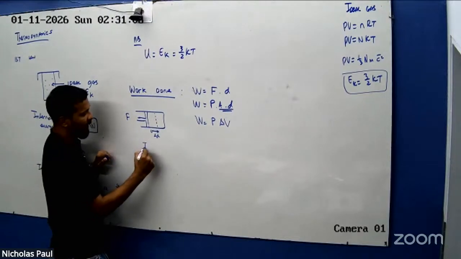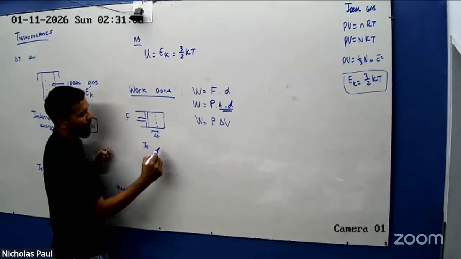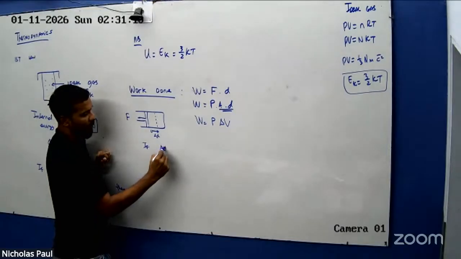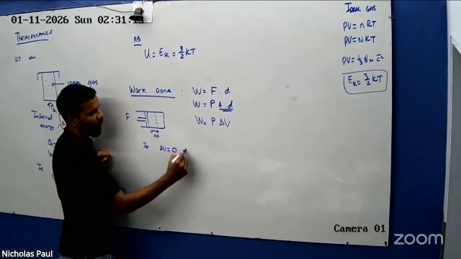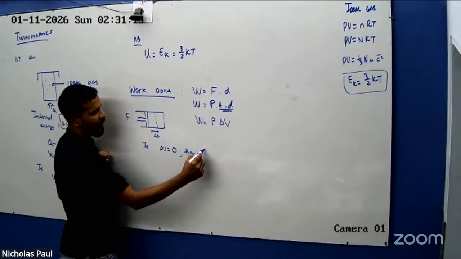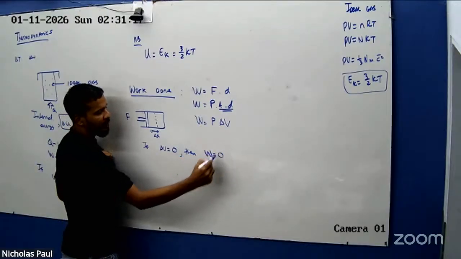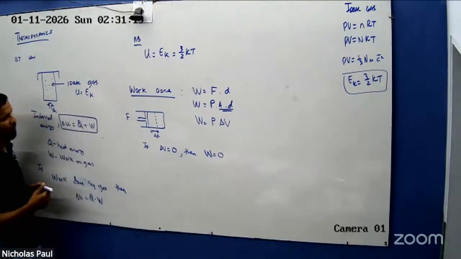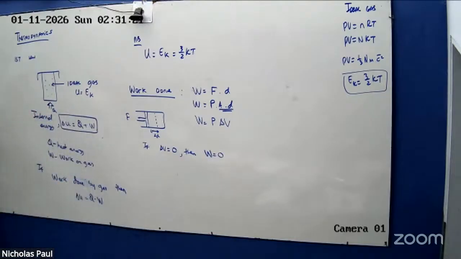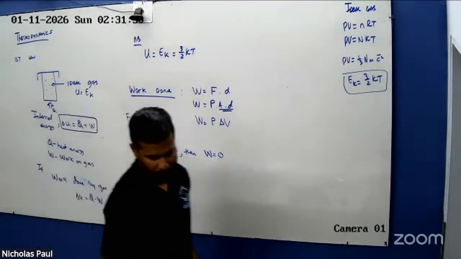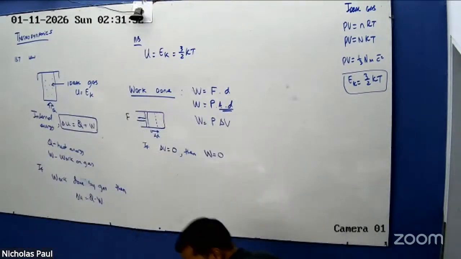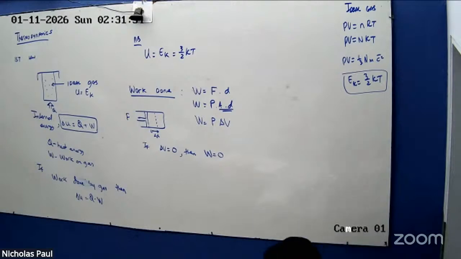If change in volume is 0, then the work done will be 0. All right, so those are the things I wanted you to understand about the first law of thermodynamics, right?